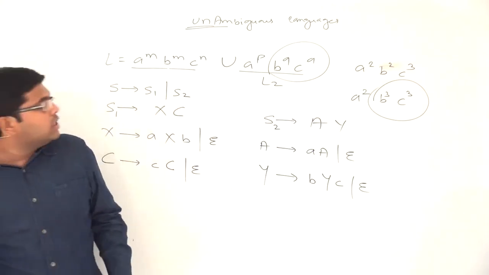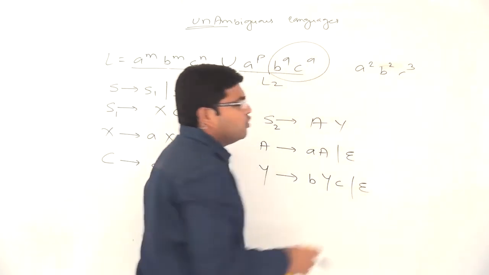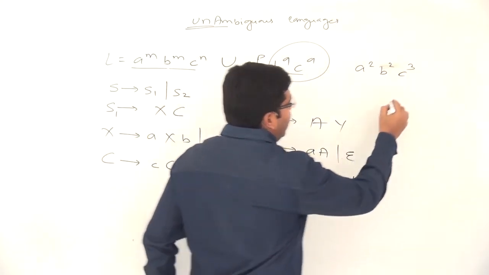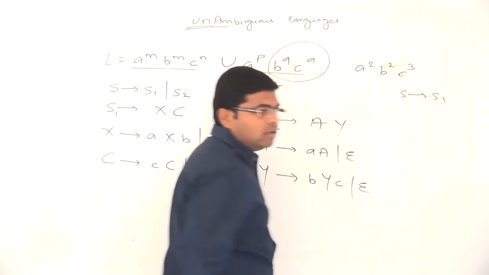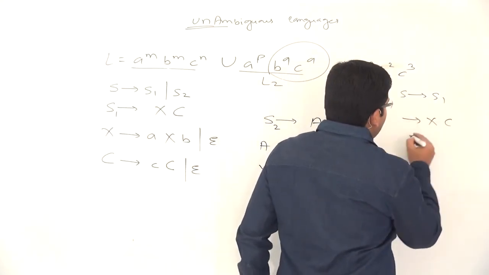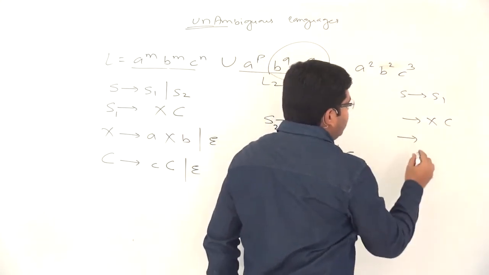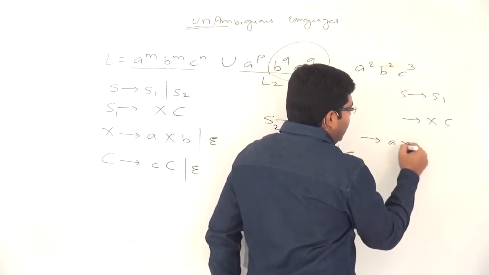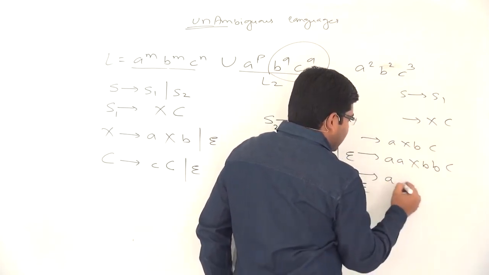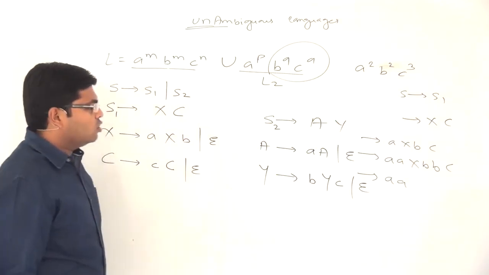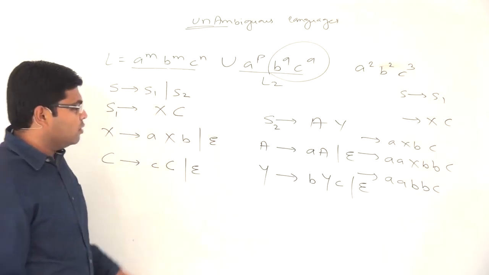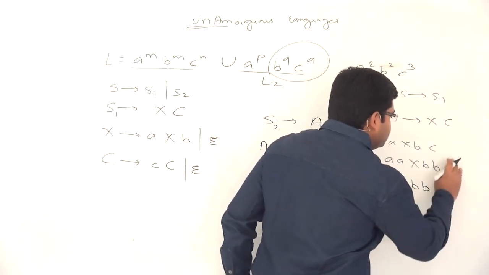Let me write down a simple derivation for A square, B square, C cube. The derivation will look like this: initially S produces S1, then S1 produces X capital C, then we want A square, B square, so we replace it with A X B C, then A A X B B C, then this X we replace with epsilon, so this becomes A A B B C, and we can iterate C with the help of the capital C symbol.